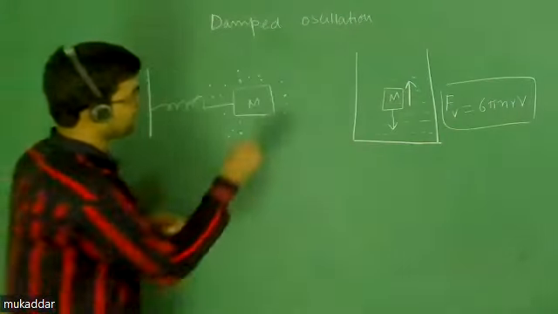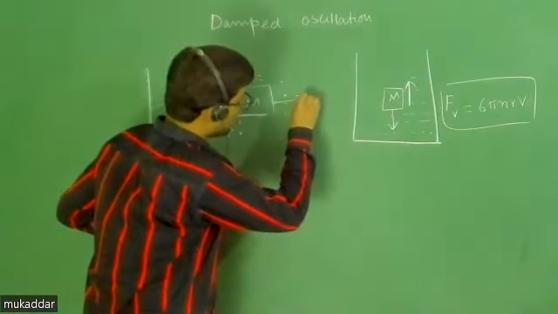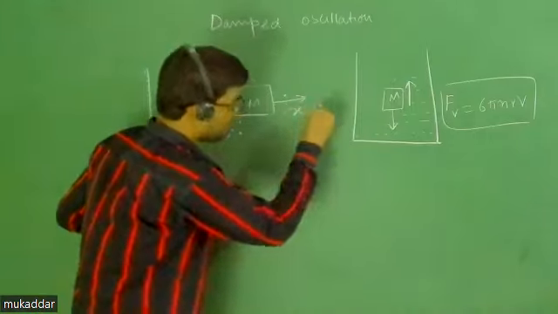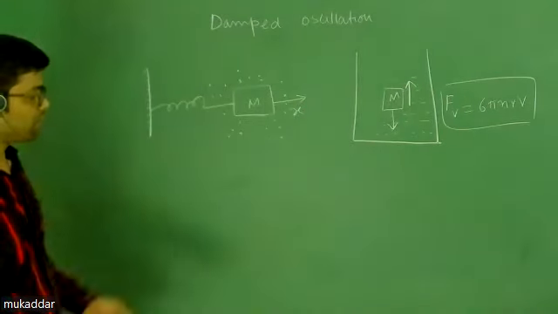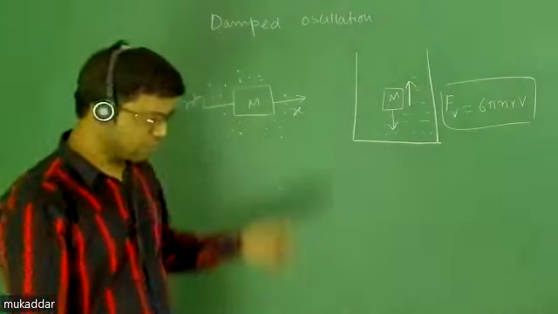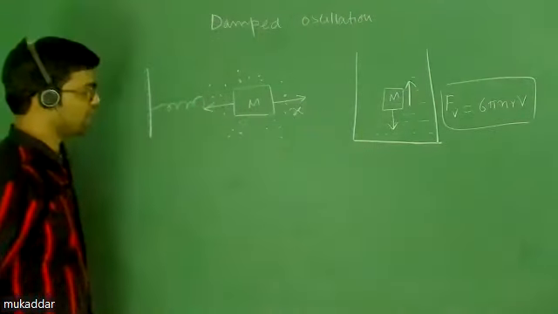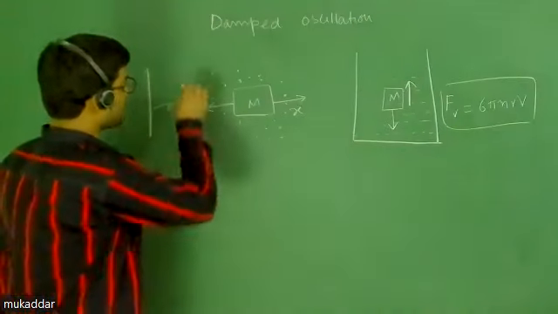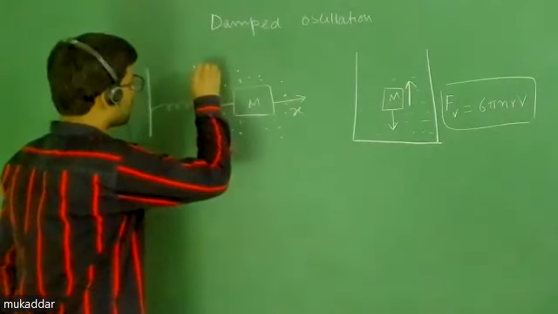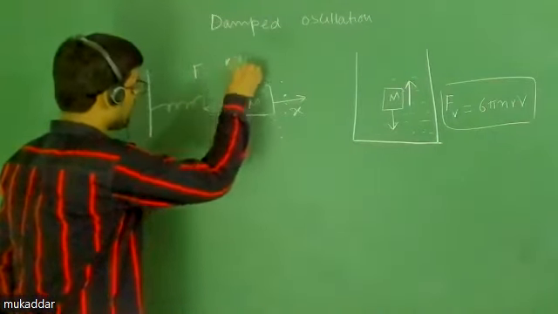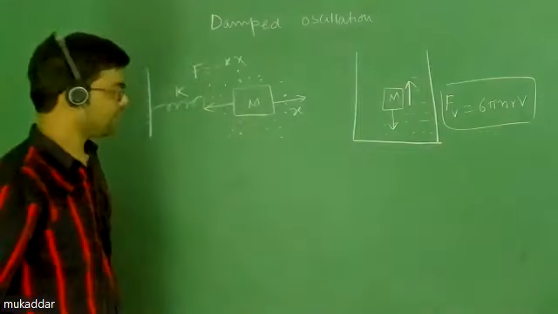Now, if you displace this block in the forward direction by amount x, there will be a restoring force acting in the opposite direction, and that will be minus kx, where k is the spring constant.